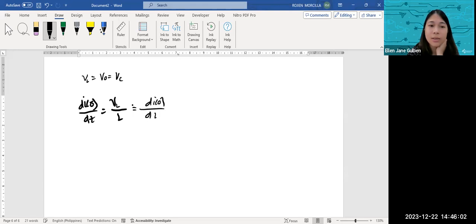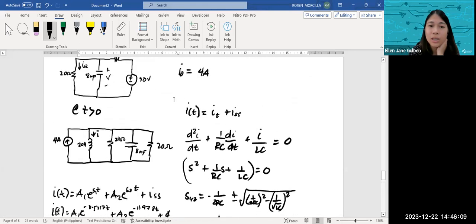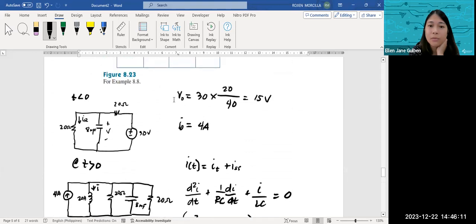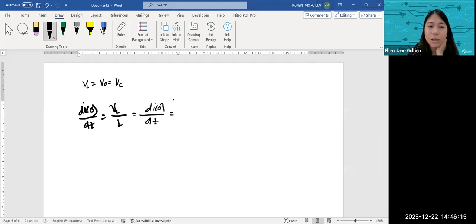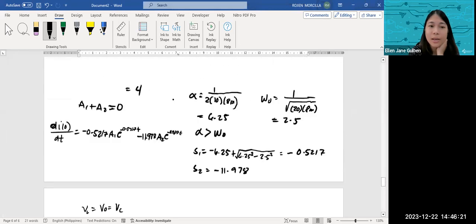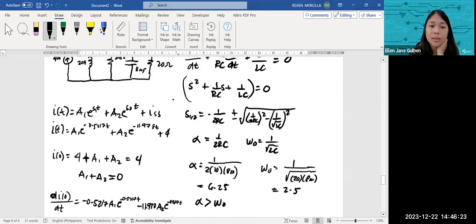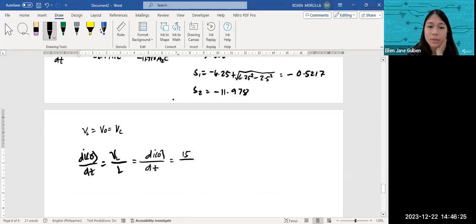dI0 over dt is equal to our initial voltage V0, which is 15 volts, divided by L, which is 20. So now we have 3/4.